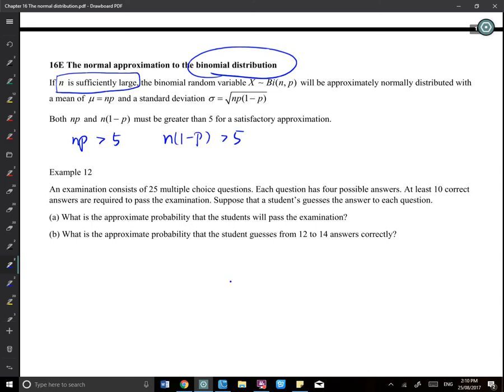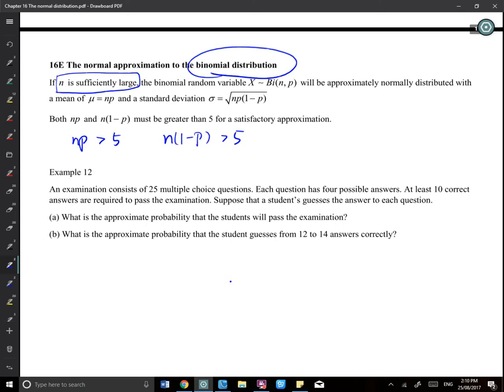Otherwise it's not large enough. Say I have a success rate of 0.2 and n equals 10, they multiply together to only 2. It's not large enough. It must reach 5 at least.